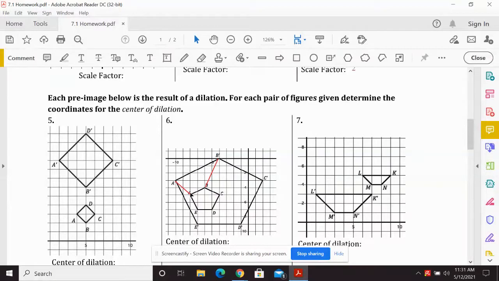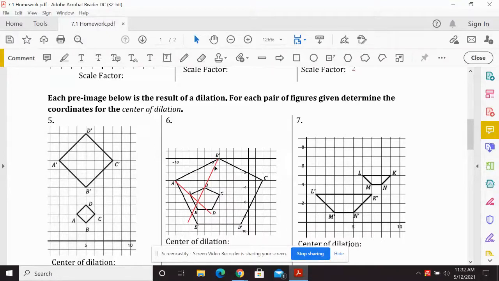Oh, they don't intersect. Okay, well, extend them. So A to A, we're just going to extend it out. Now they should intersect, I believe at -7, -6. My lines are a little bit off clearly, but it should be at -7, -6.